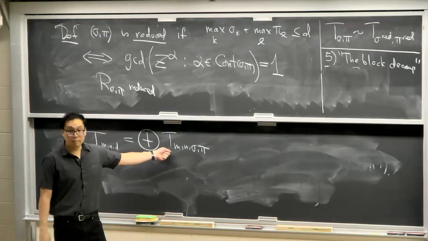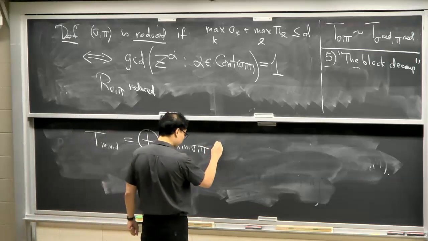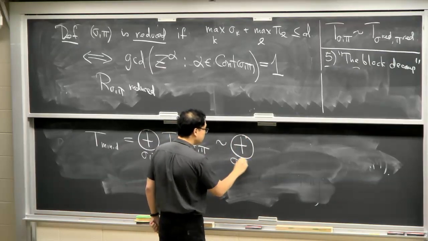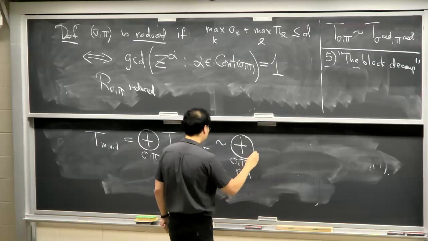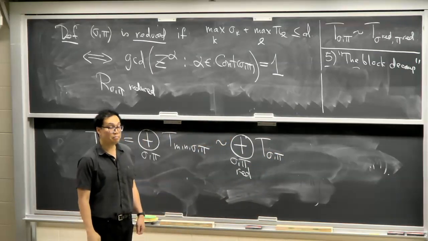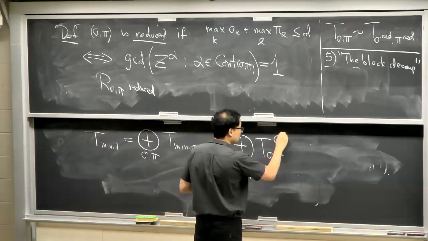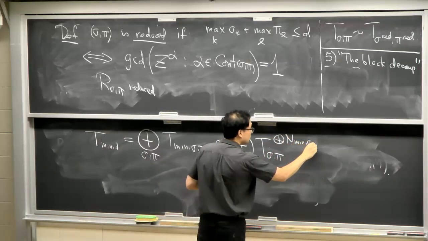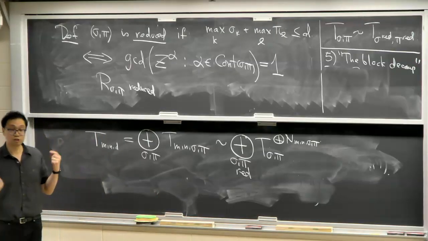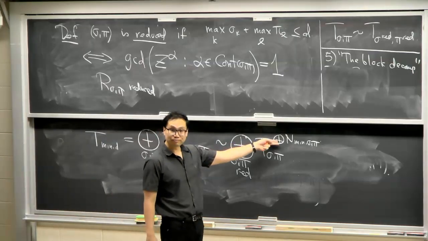But now we know that many of these are similar by this reduction. So therefore, this is going to be similar to another block decomposition over sigma and pi reduced. Take sigma pi. And many blocks that are the same can occur. So there's multiplicity. So this statement has no content so far. You just reduce by definition, and then of course you can collect terms.